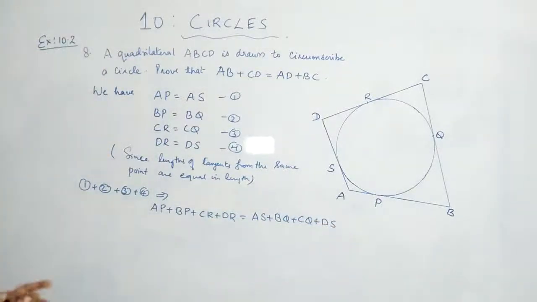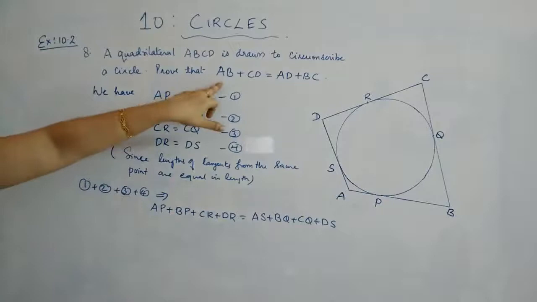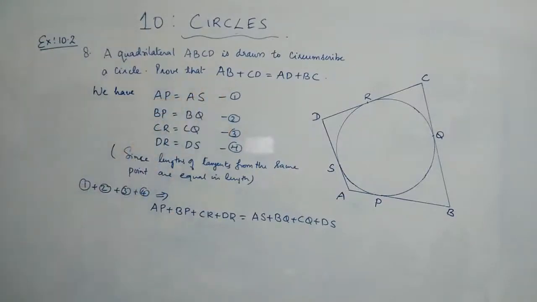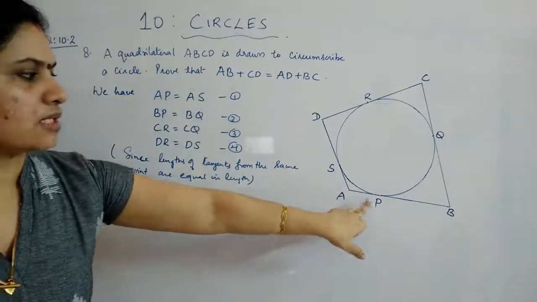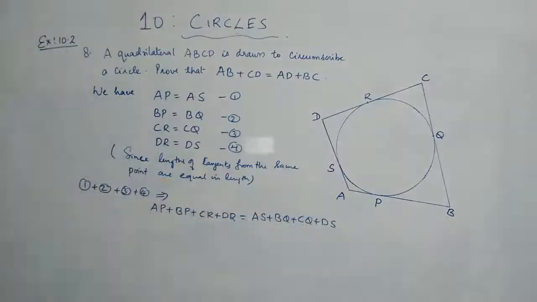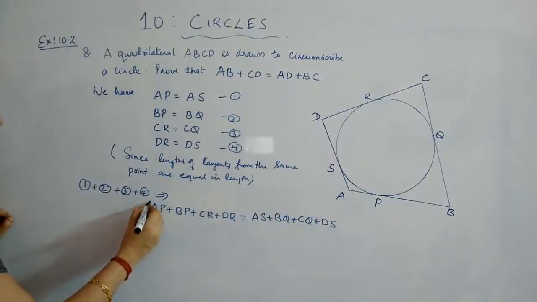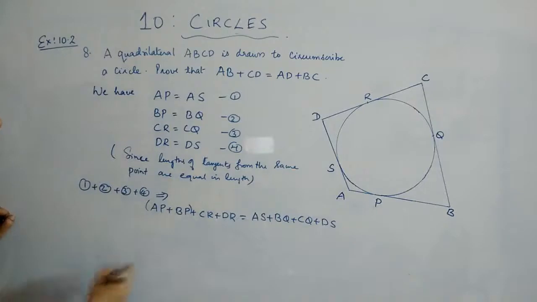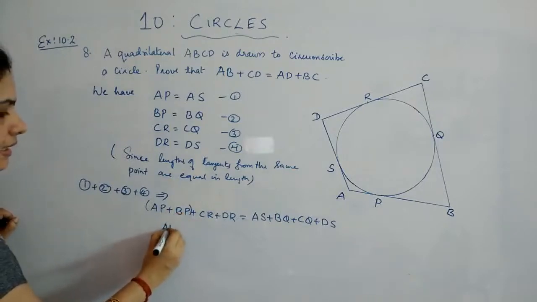Now we have to just rearrange in order to get what is to be proven. Left side you need AB. You just see the figure. AB means you have to get AP and BP together, so this will make it as AB.